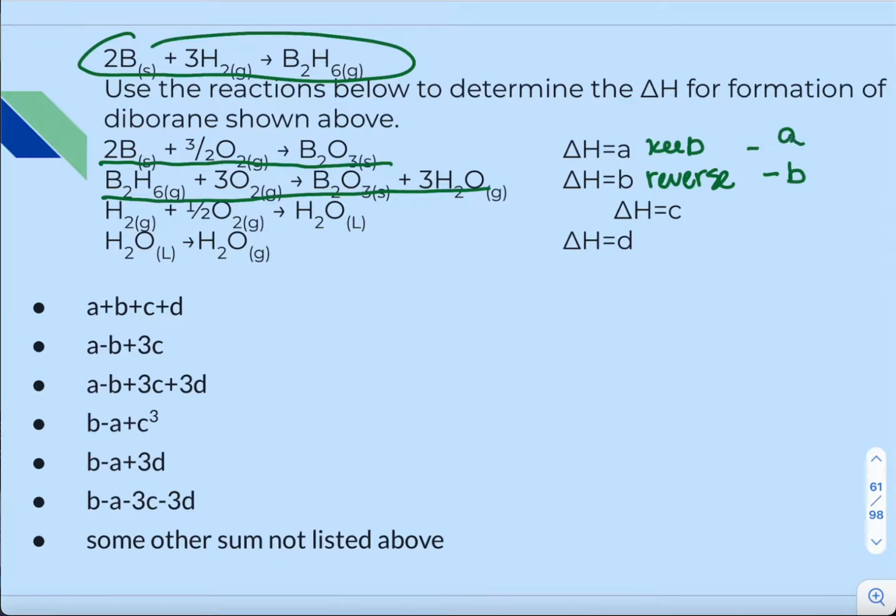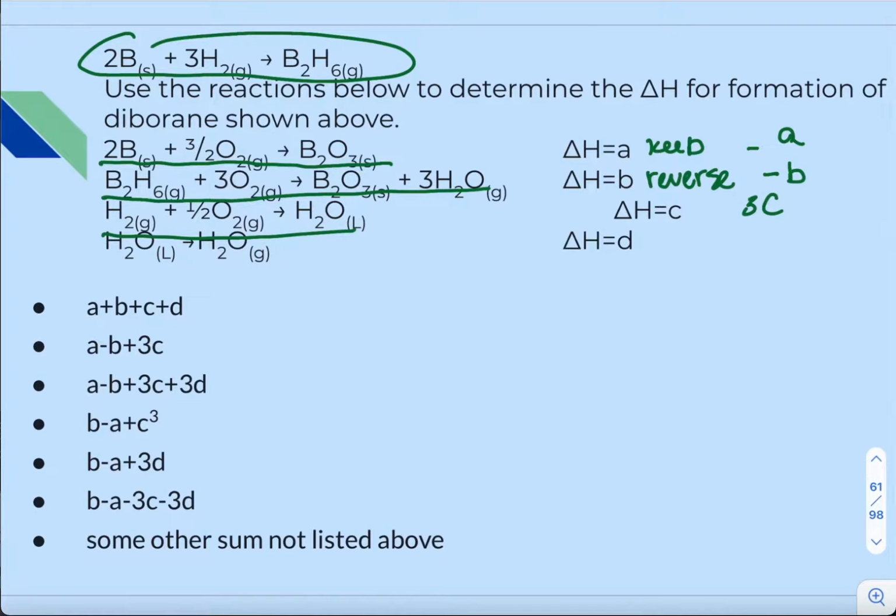So that would be A. You would do this one multiplied by 3.